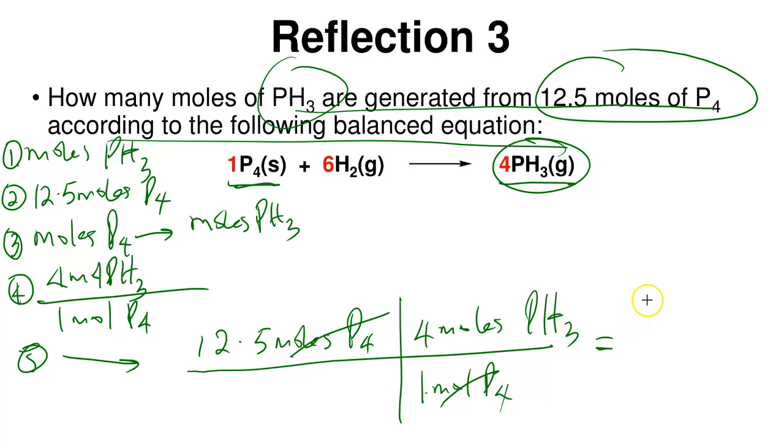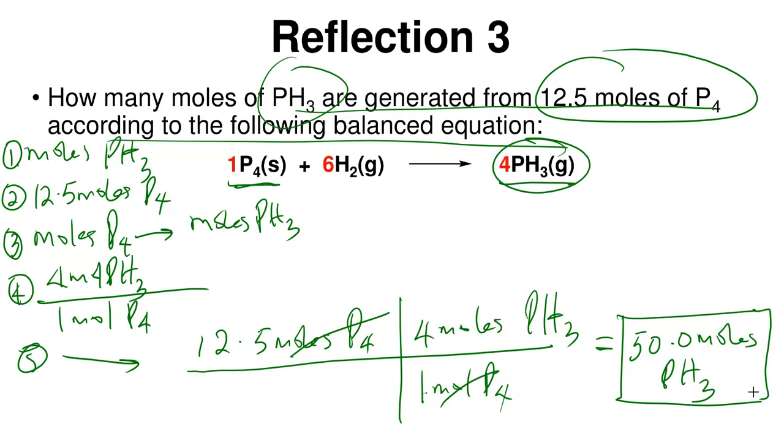And then if you multiply 12.5 times 4, this is going to give you 50 moles of PH3. You do not need to actually show it in the number of significant figures. Just to let you know, you can just say 50 moles of PH3, and this becomes our answer.